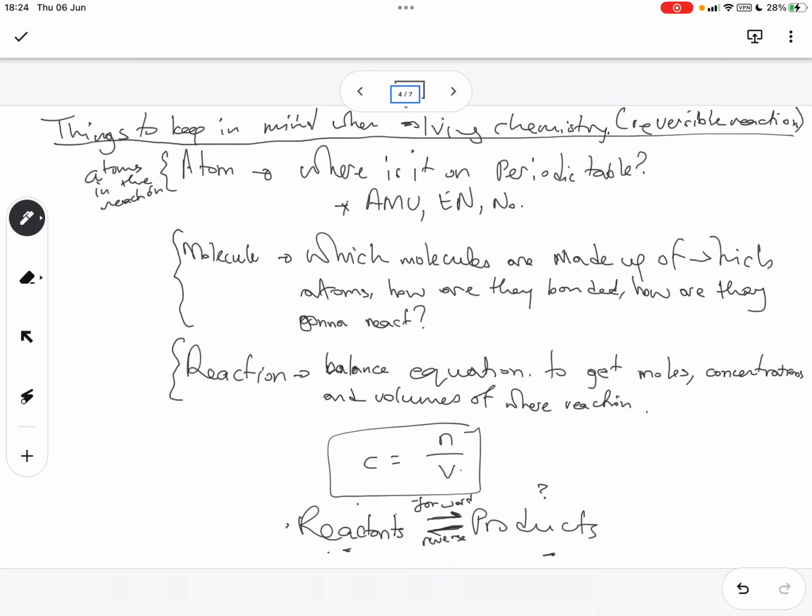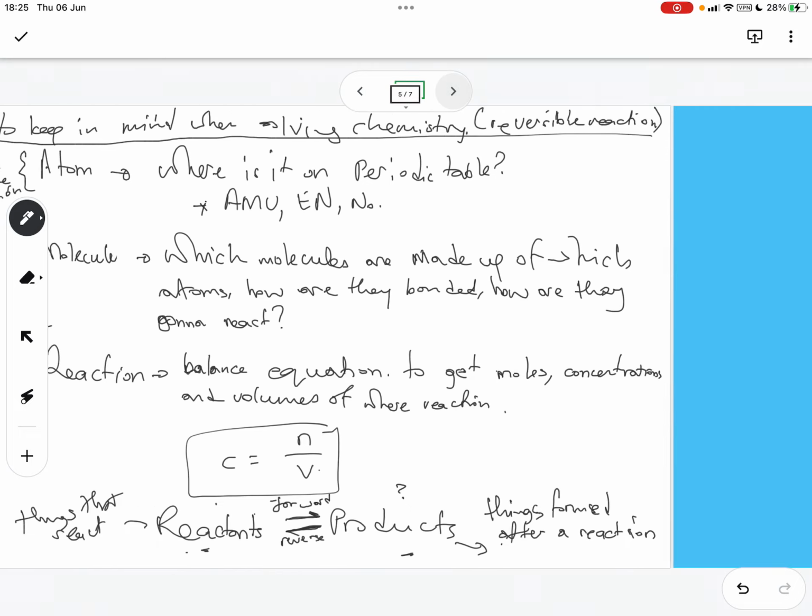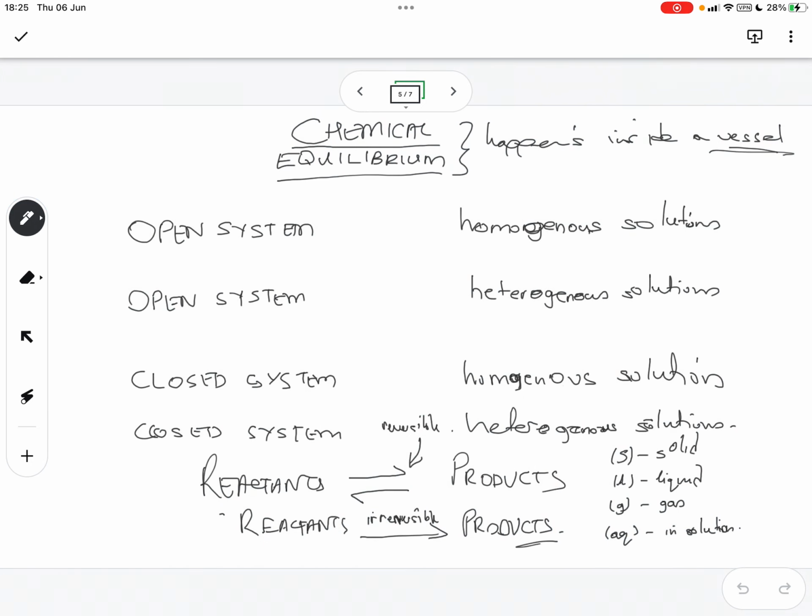And then lastly, we work out the reaction where we balance the reactants, which are the things that react, and the products, which are things formed after a reaction.